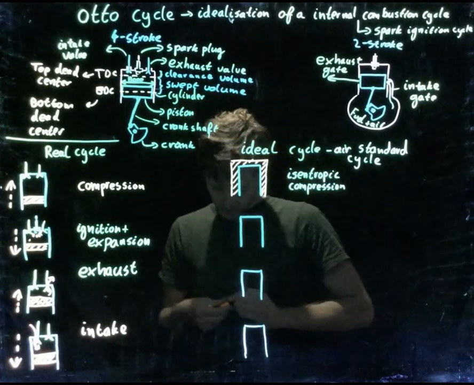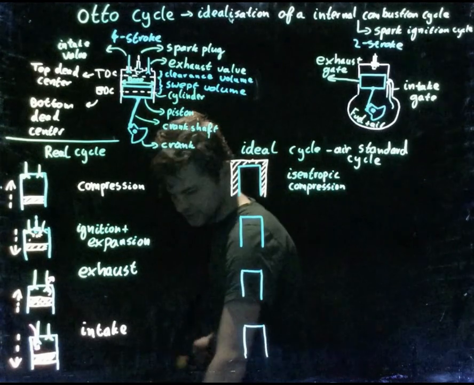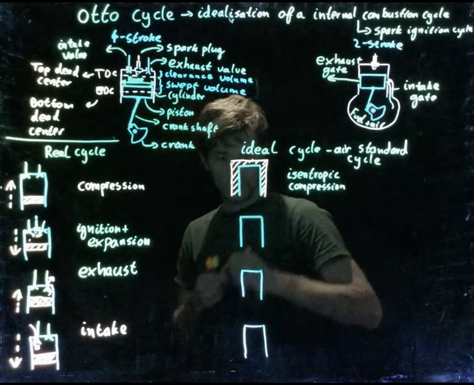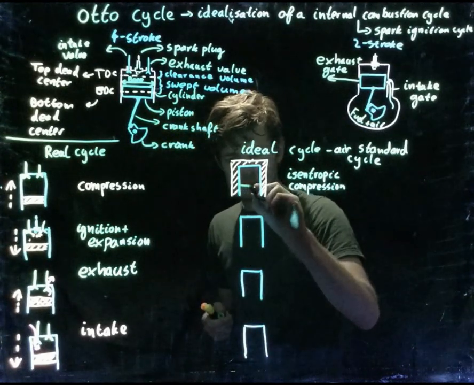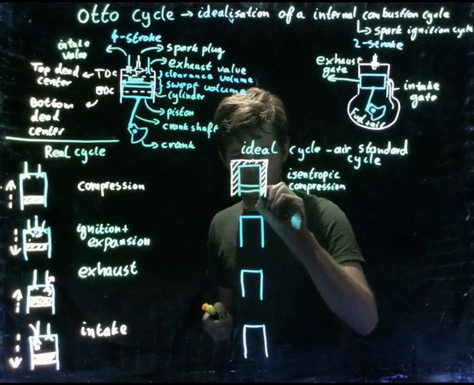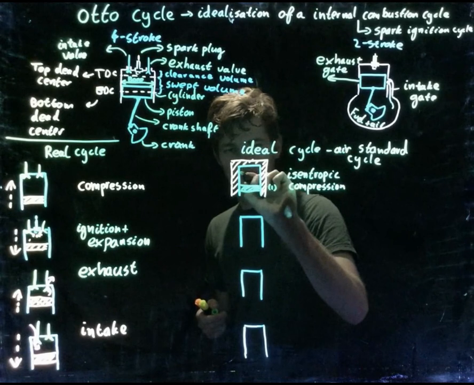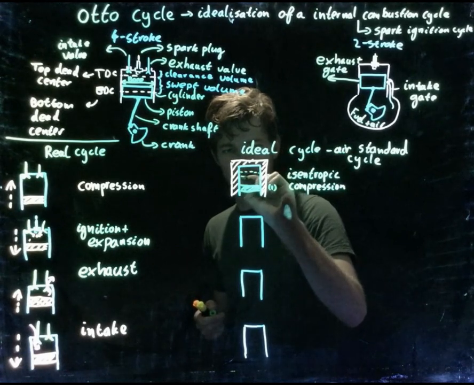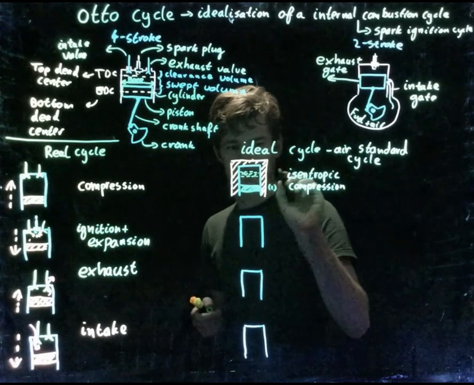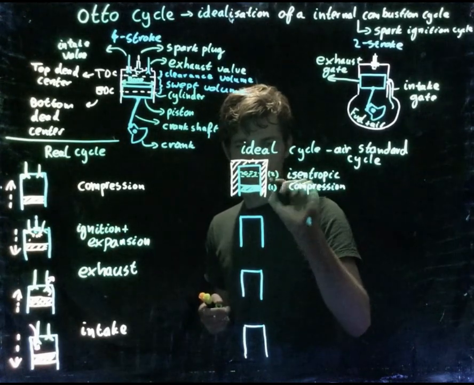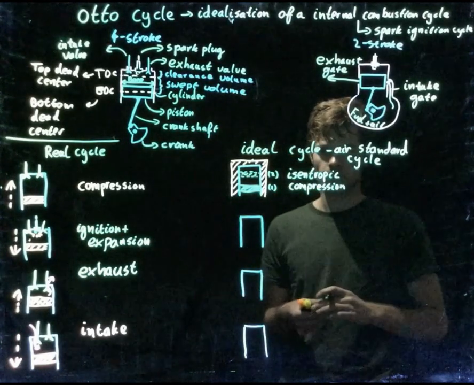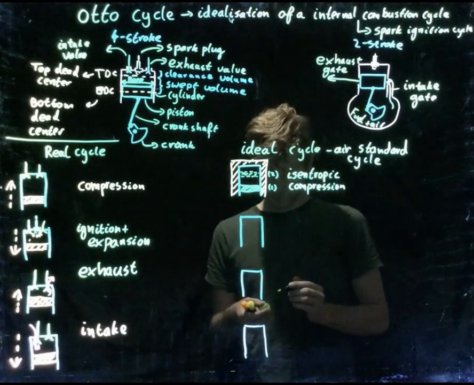And during this cycle, compression takes place. So what will happen? The piston will move from position 1 to position 2. And this is called the isentropic compression.